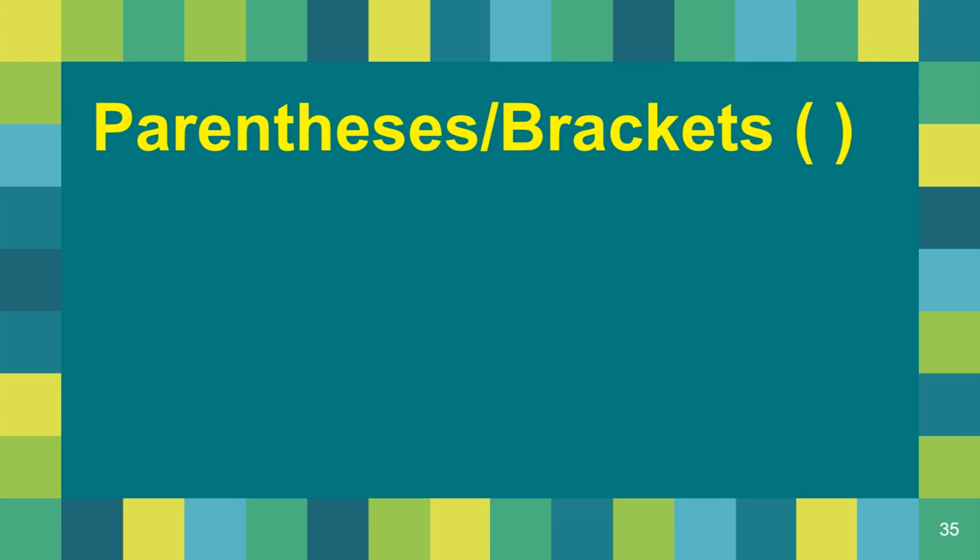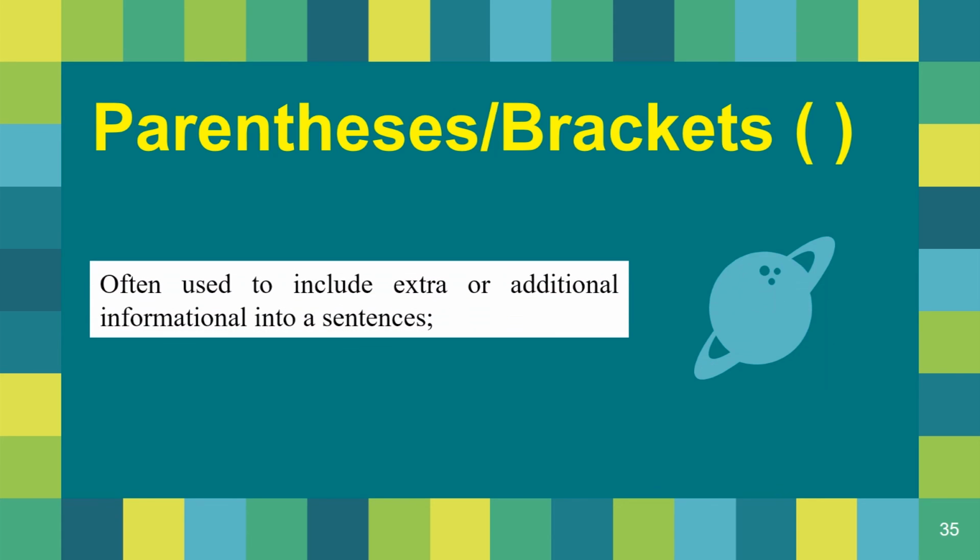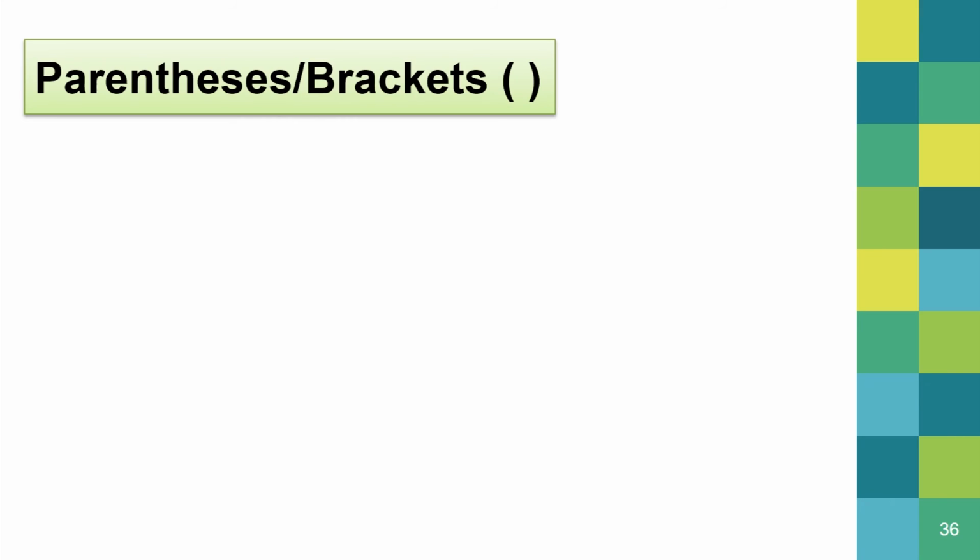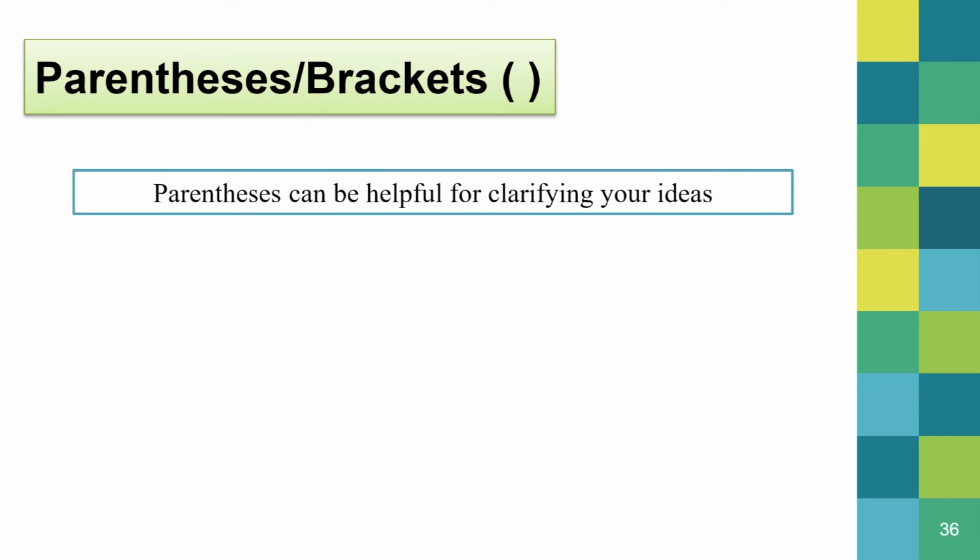Moving on, another one is brackets. In this part, we are going to study only the round brackets, not the other ones which are used in mathematics. This sign is often used to include extra or additional information in a sentence that can be helpful for clarifying your ideas.